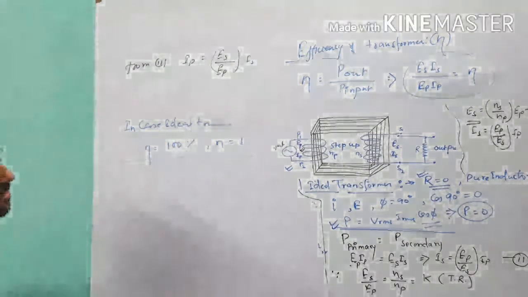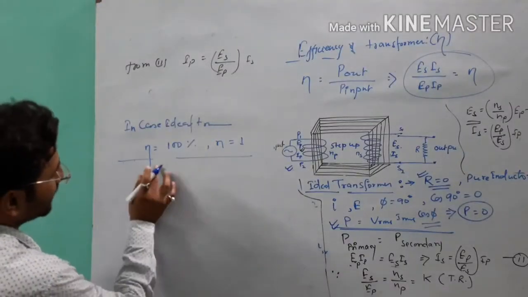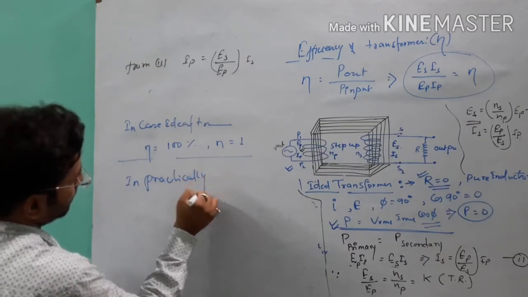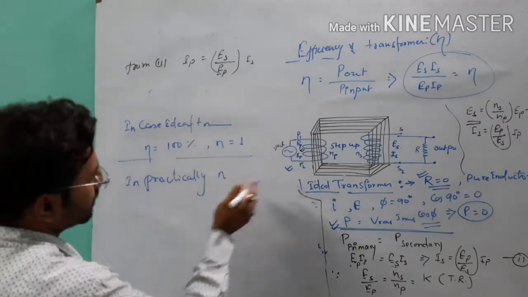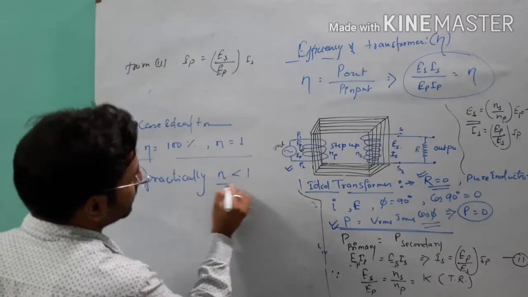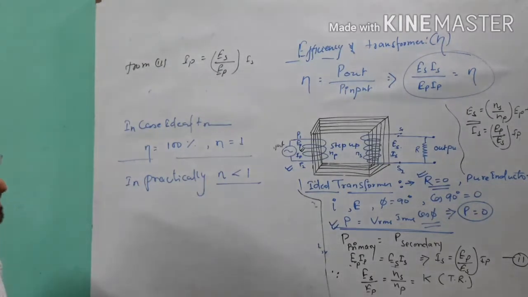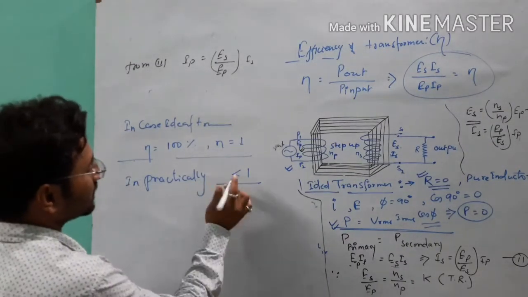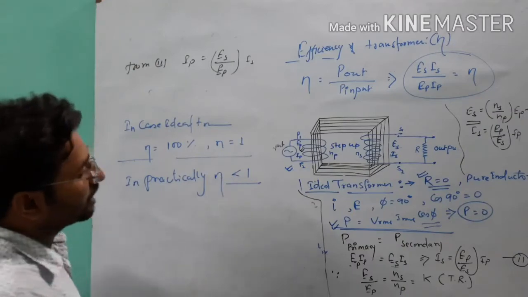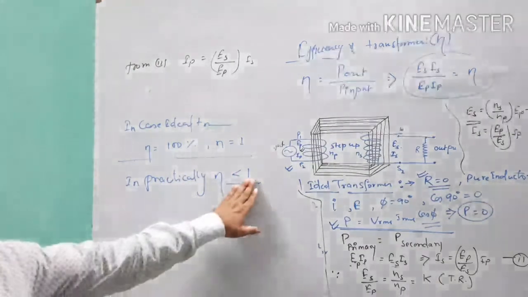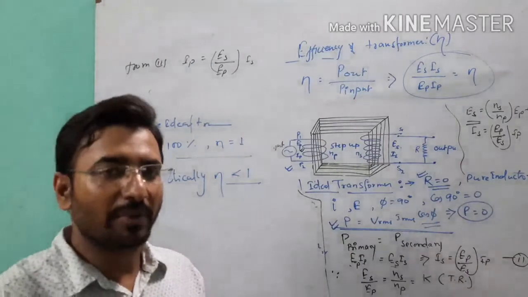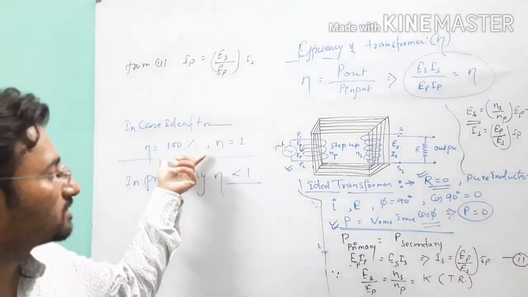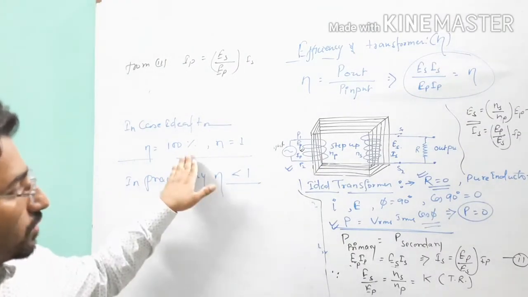In practice the efficiency of a transformer is less than 1. This is an important point for MCQ. Efficiency is denoted by eta, it is our eta, not n. So efficiency of a transformer is always less than 1 in practice, but in an ideal transformer it is equal to 1, because there is no loss of energy.